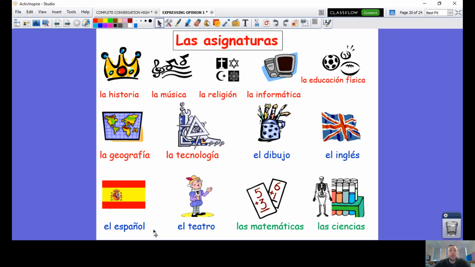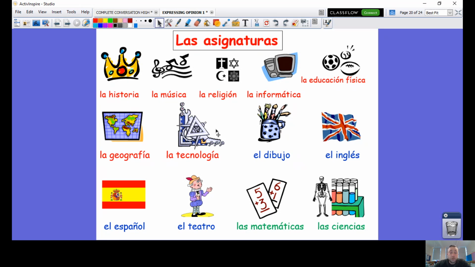El español, Spanish. El teatro, drama. Las matemáticas, mathematics. Las ciencias, sciences. Excellent.